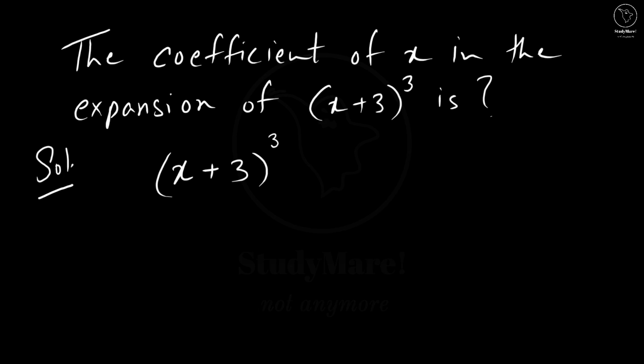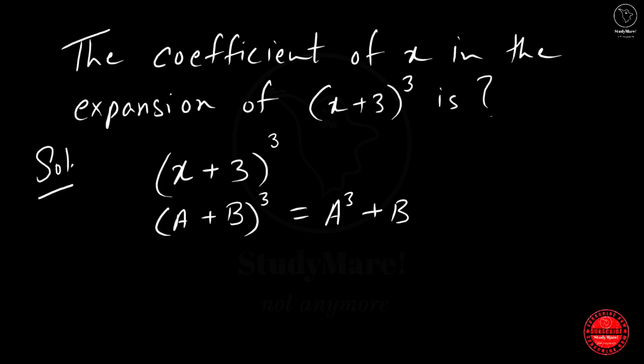it resembles the identity (a + b)³, which, if we expand it, becomes a³ + b³ + 3a²b + 3ab².